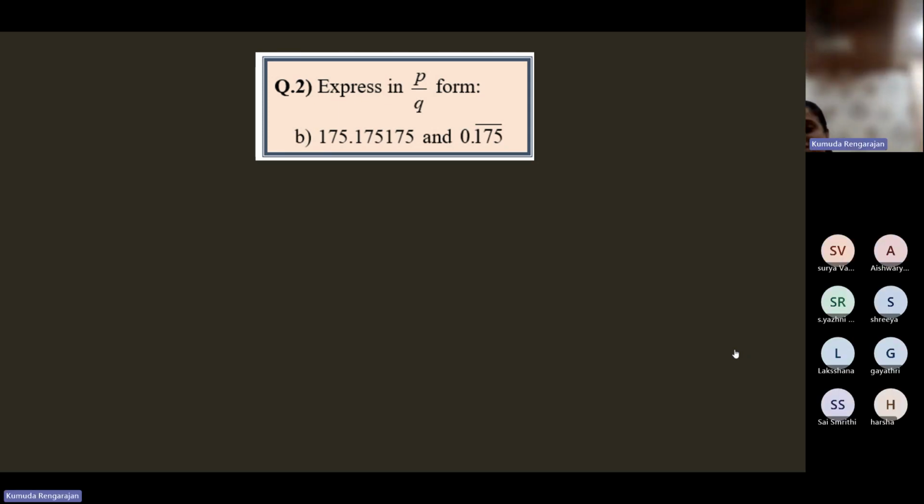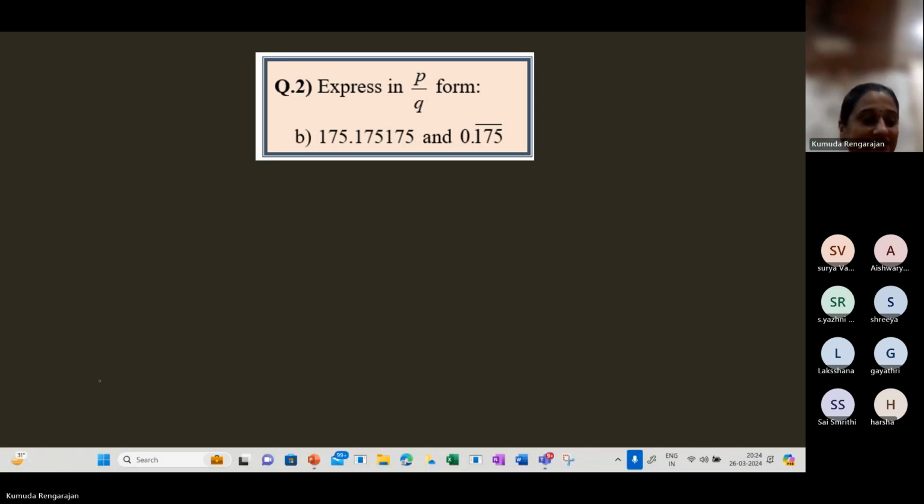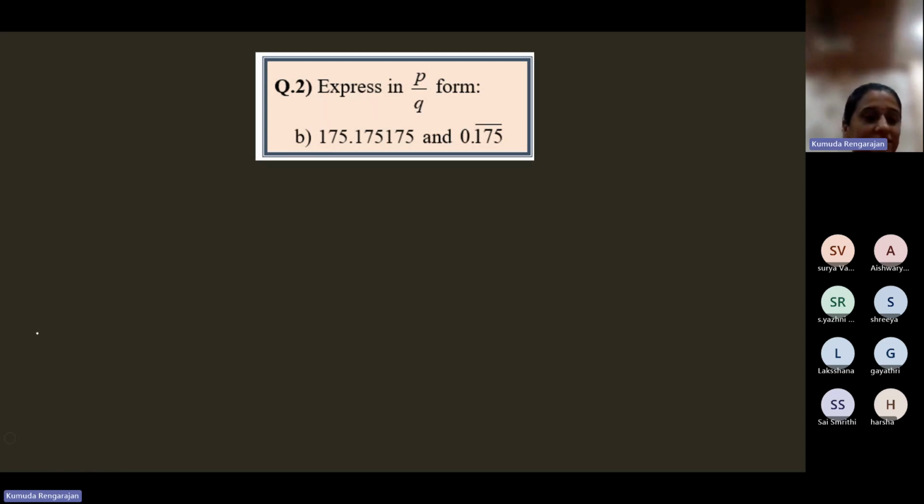Ready with the answer, children? Very good. Tell me for the terminating decimal, the first one, 175.175175 is equal to, what's the P by Q form?